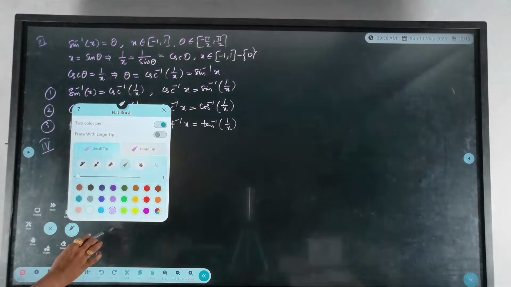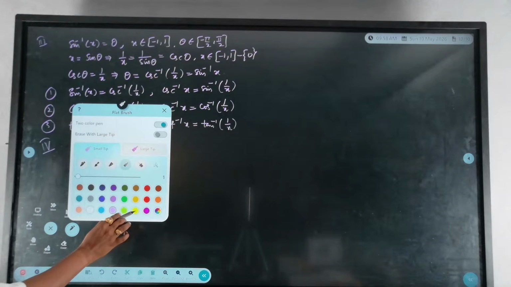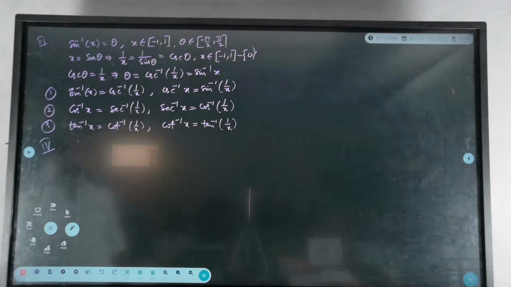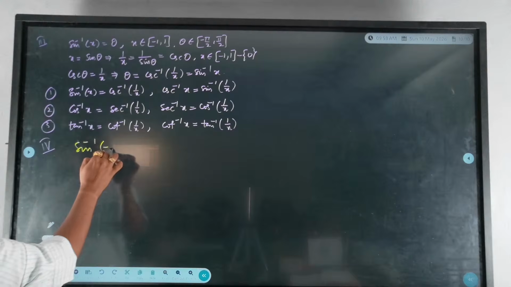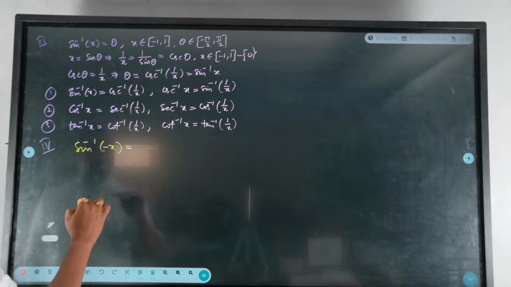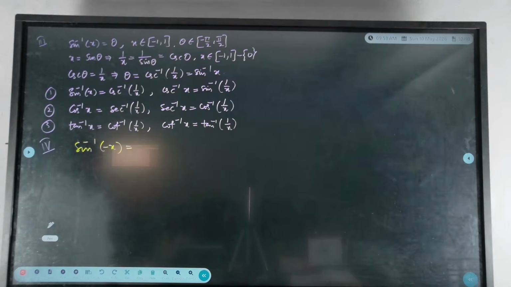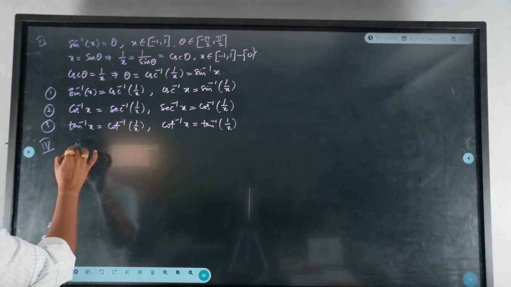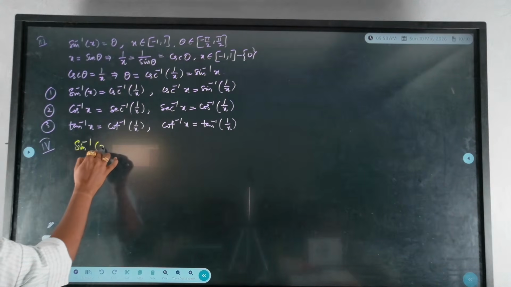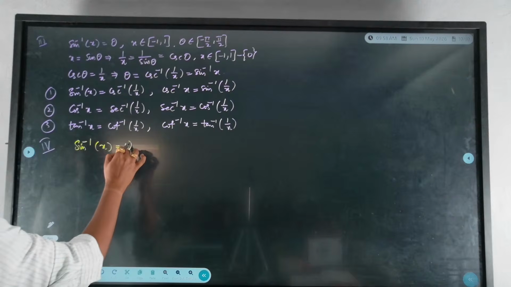Fourth one. Sine inverse of minus x. Sine inverse of x is equal to theta.